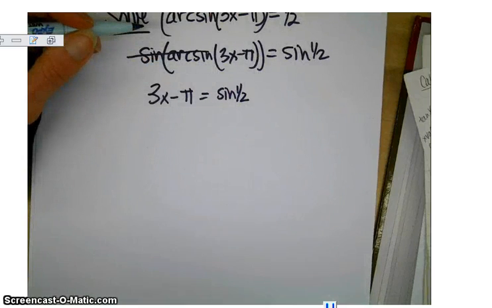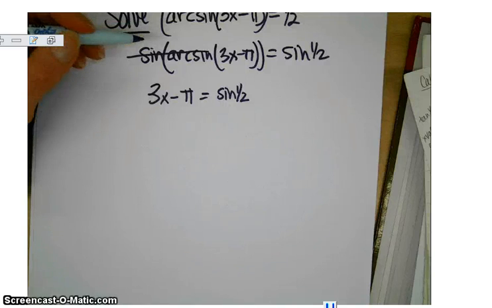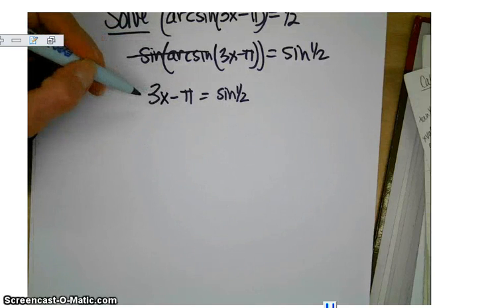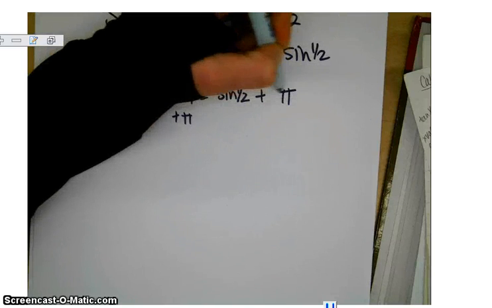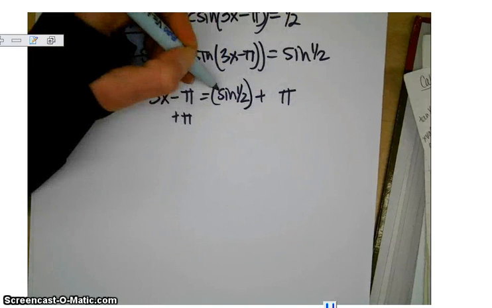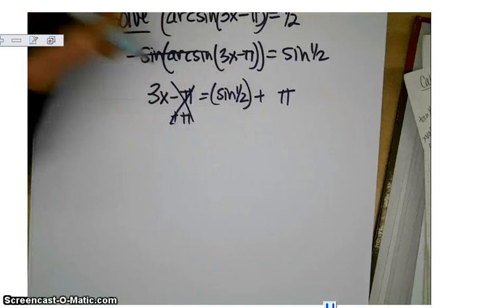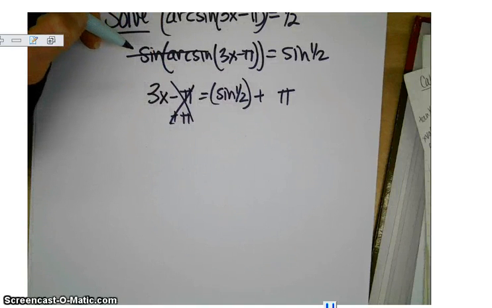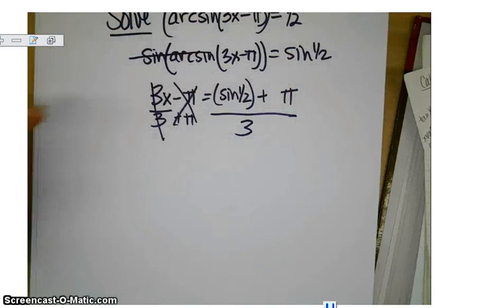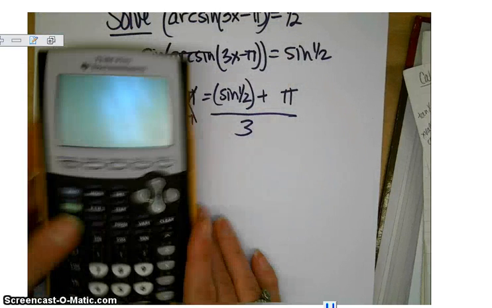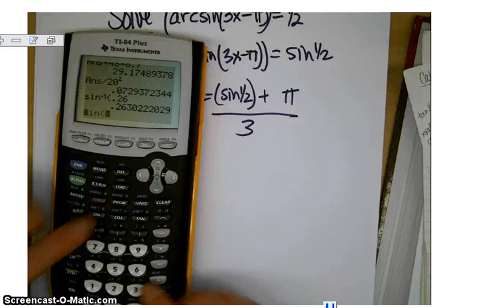Okay, now what? You add pi to both sides. And then how do you get rid of times 3? Divide the whole thing by 3. So I'm just going to get my calculator out. I'm going to find the sine of 0.5.